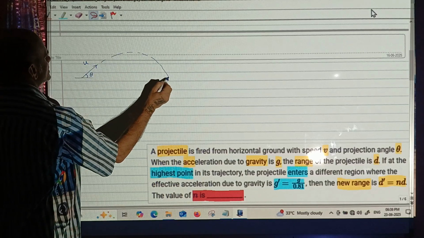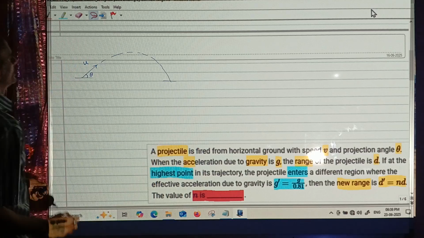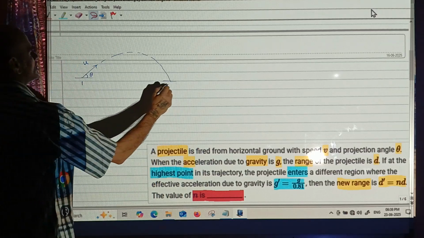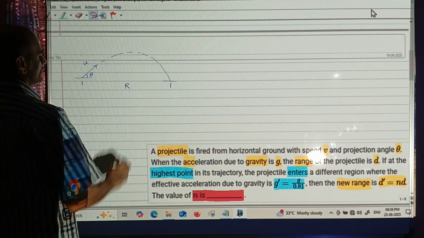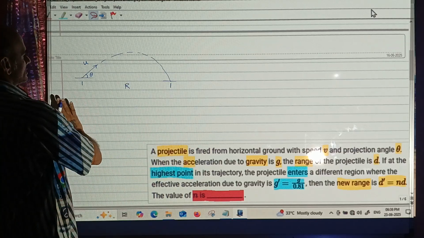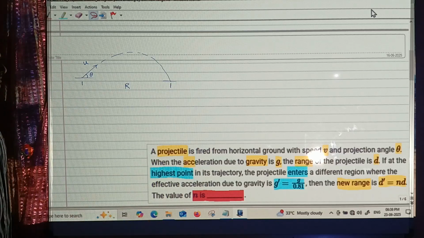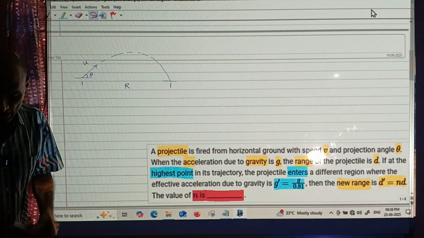So it goes like this and hits the ground somewhere here. Okay, this is the range in the first case, which they represented as d. Here in the first case, the gravity is the same throughout, g. So this range is a standard calculation.